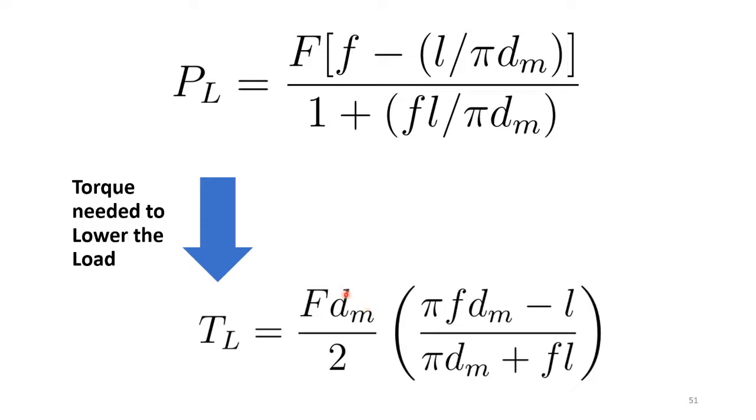So we have the dm divided by 2. In this case, this expression here without the dm on 2 is equal to this force. So this force here times the radius, which is dm on 2, will be equal to the torque needed to lower the load.